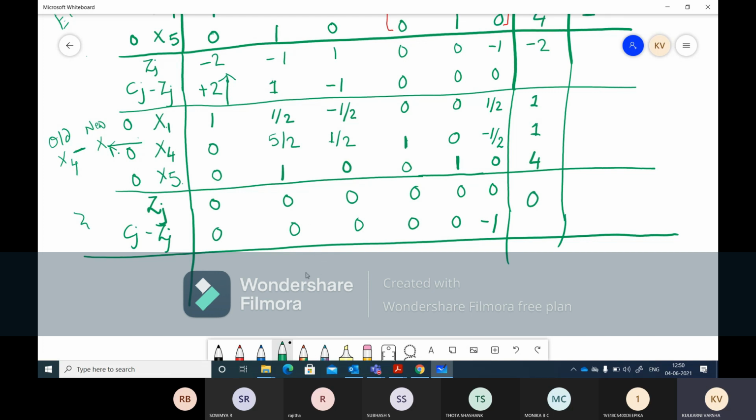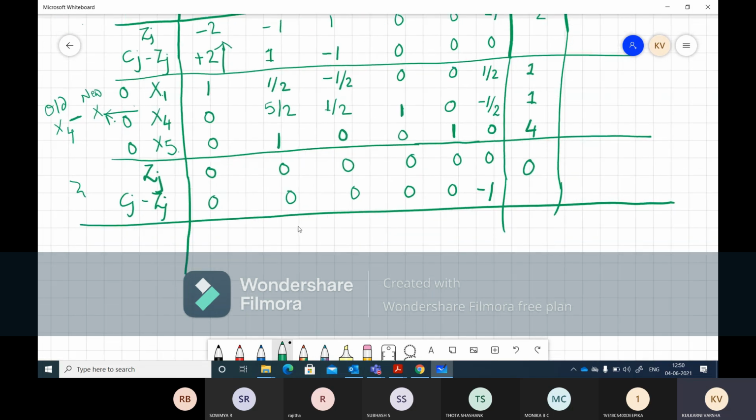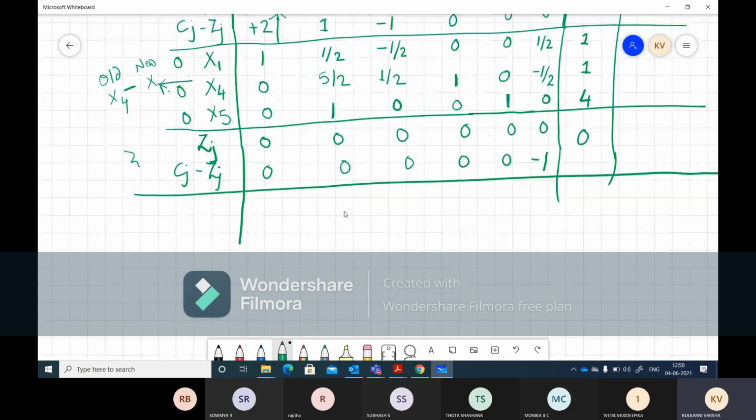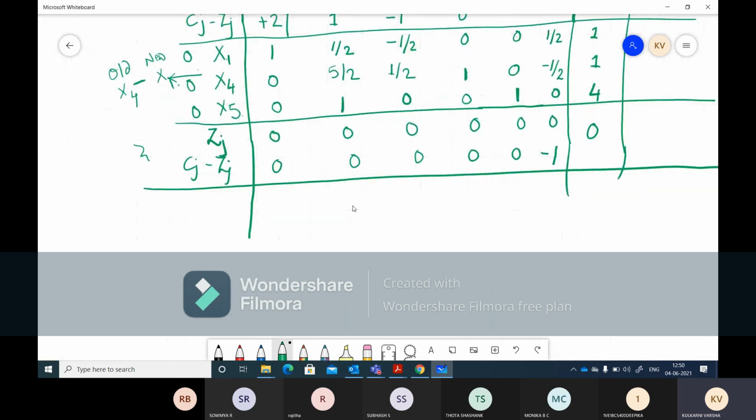So how will we go for the second phase? Now we'll write for the second phase. For the second phase, we need the last iteration of our phase 1.